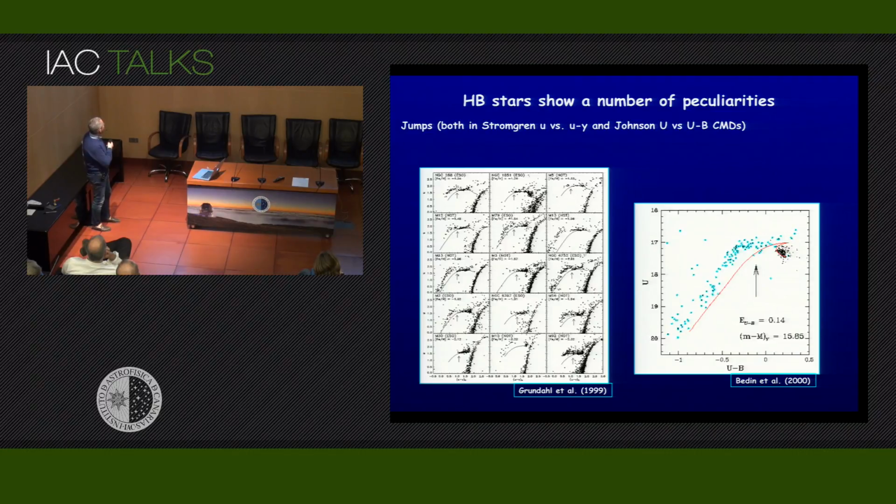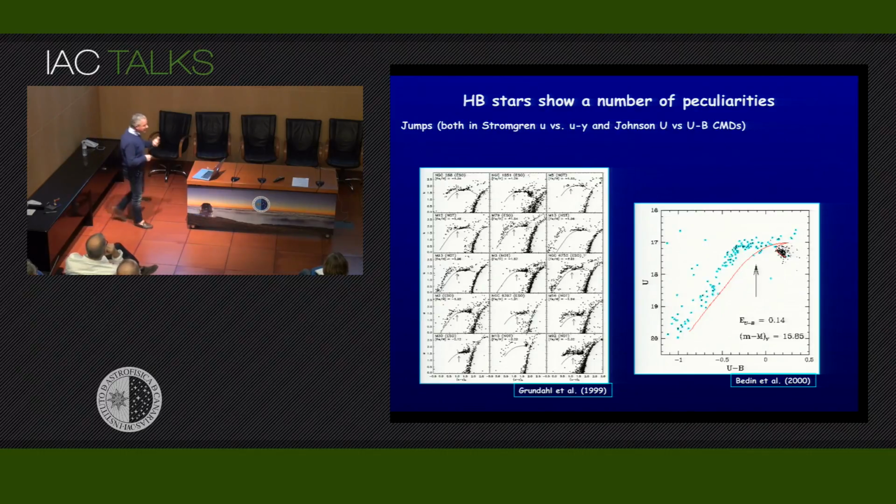It's quite evident here, for instance. The line corresponds to the theoretical prediction, and you see that the cool horizontal branch stars in this color magnitude diagram are in the right position with respect to theoretical expectation. But also there is a jump. The stars become brighter with respect to the theoretical model, and after that they reach the theoretical expectation again. You can see this also in the u filter in the case of NGC 2808. This is the Grundahl jump.